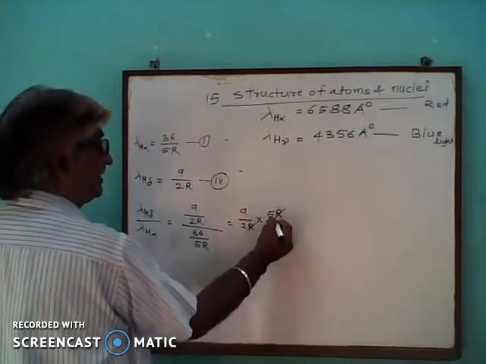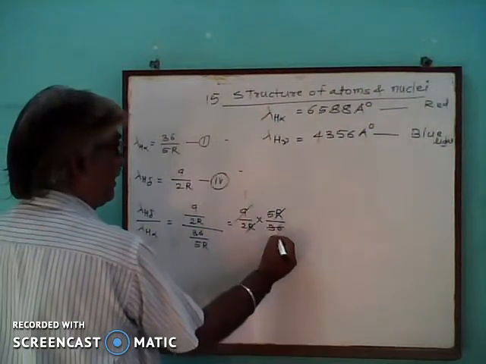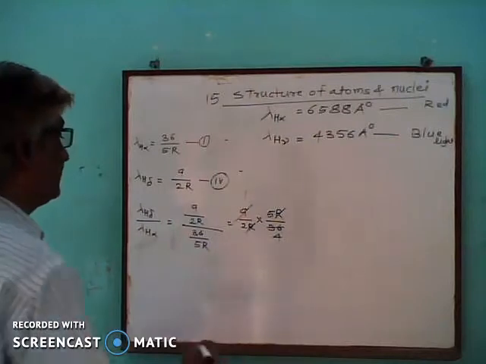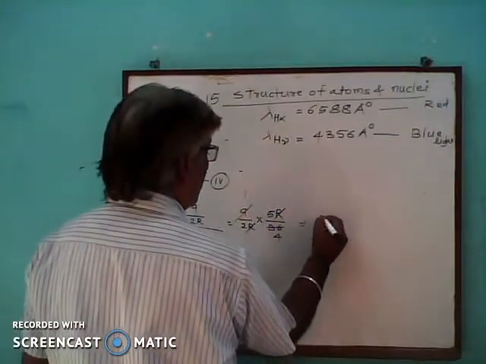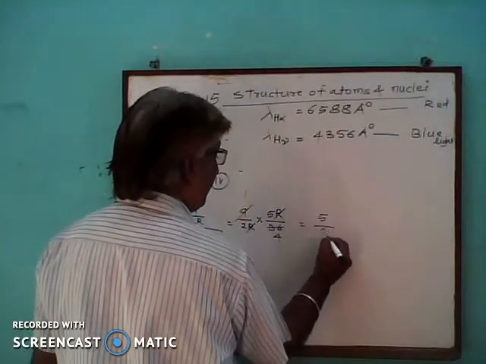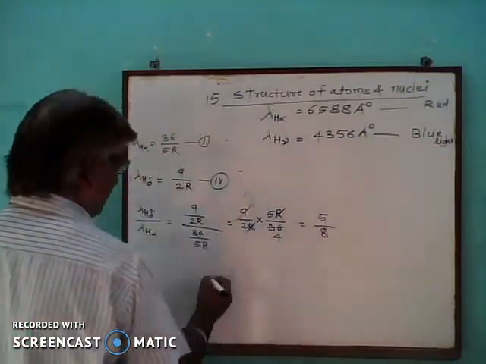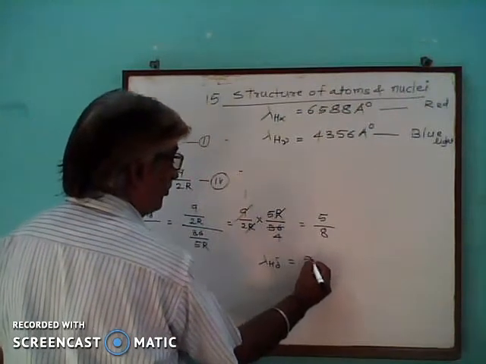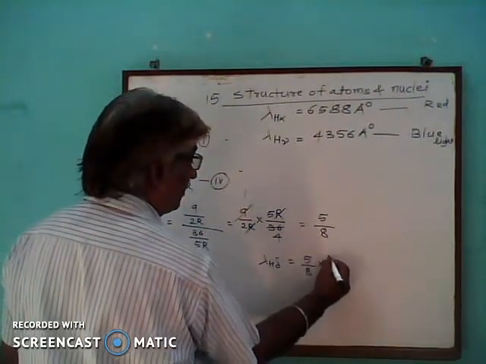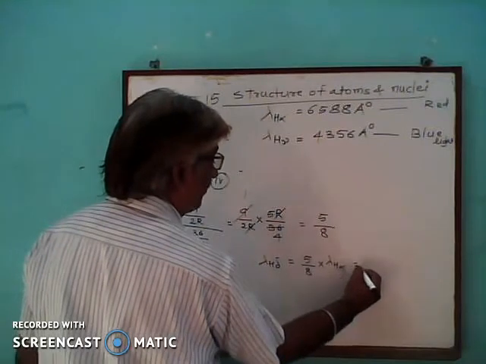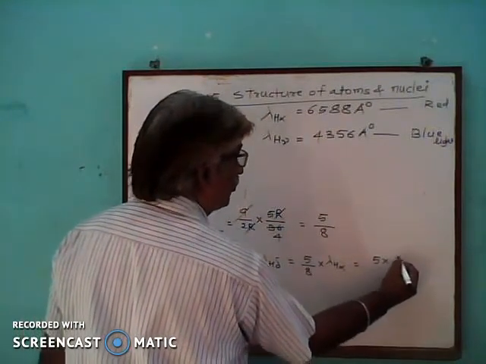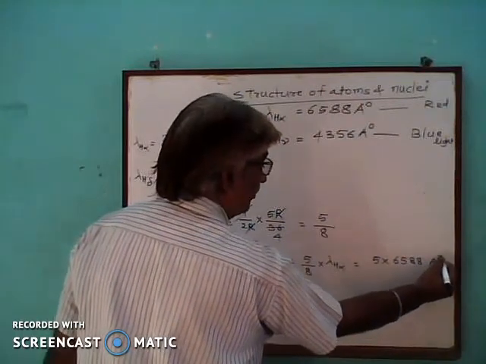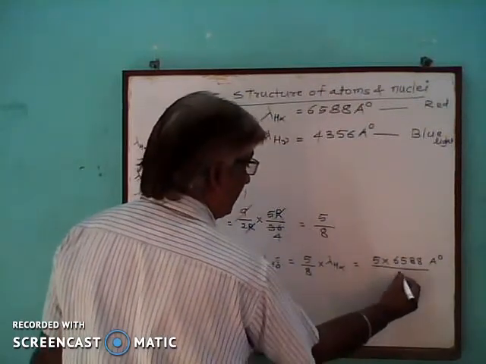R gets cancelled, 9 1 the 9 and 9 4 the 36, so 5 upon 8. Therefore lambda H delta is equal to 5 upon 8 multiplied by lambda H alpha, which is 5 multiplied by 6588 angstrom unit divided by 8.